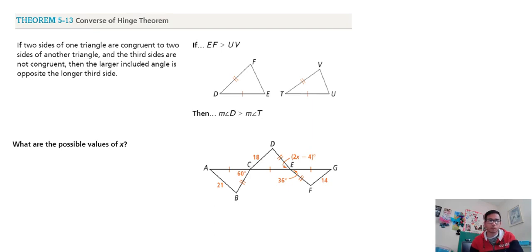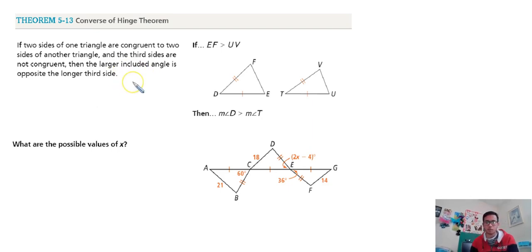All right, next example that we have here, Theorem 5-13, which is the converse of the hinge theorem. If two sides of one triangle are congruent to two sides of another triangle, and the third sides are not congruent, then the larger included angle is opposite the longer third side.